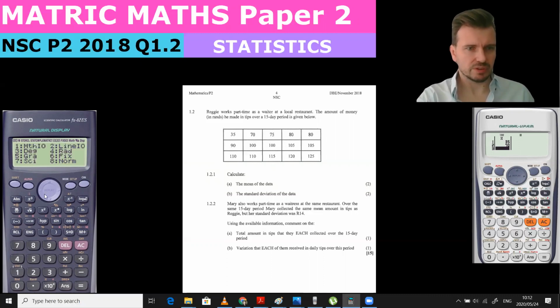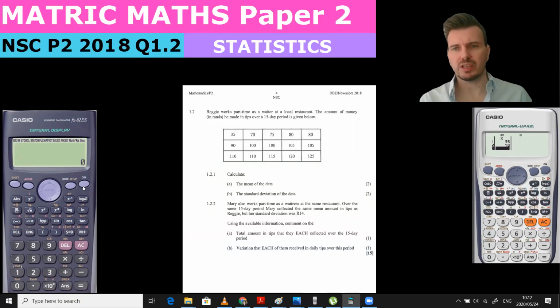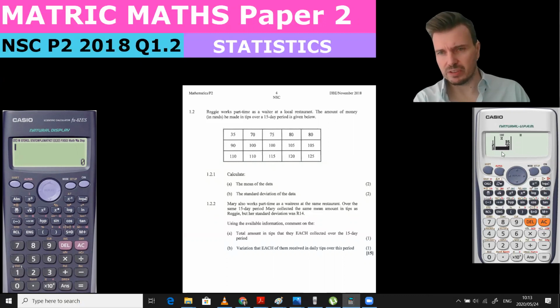So we'd go Shift Setup, and then we scroll down to Stat, and we put our frequency table on 1. And just keep it on. So before you go into the exam and throughout your matric, just have the frequency table on always. And then the silver calculator, you could just see that it would be exactly the same thing. I would say Shift and Setup.